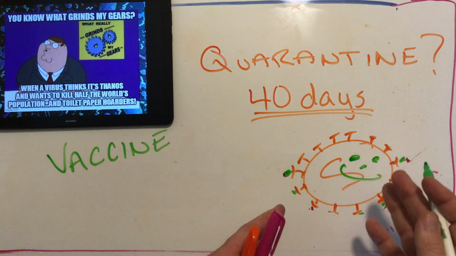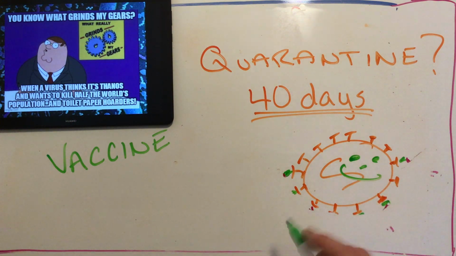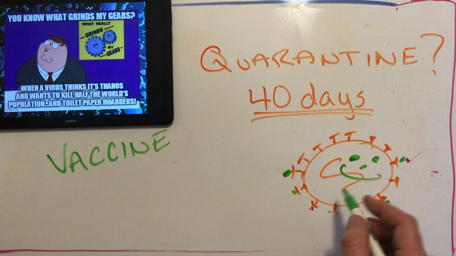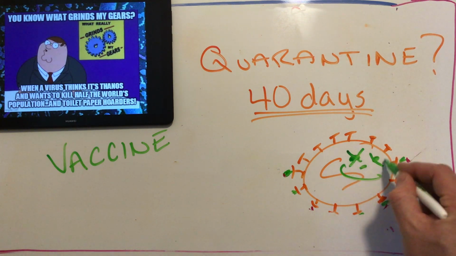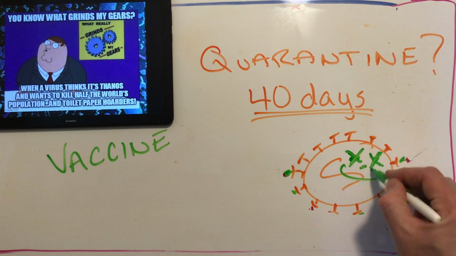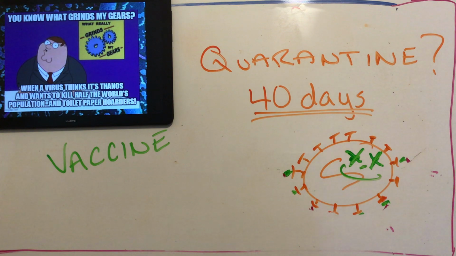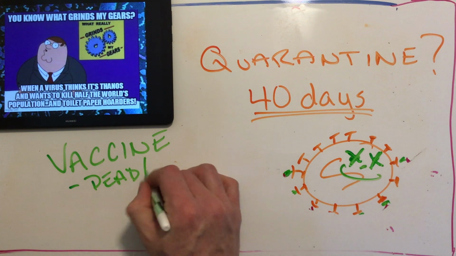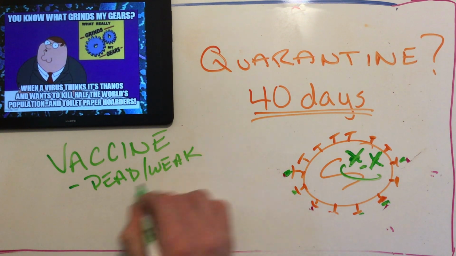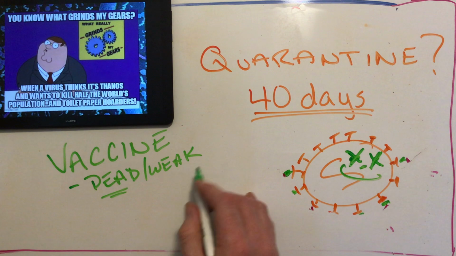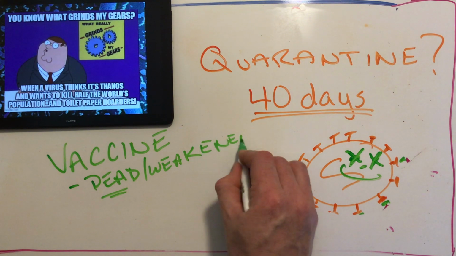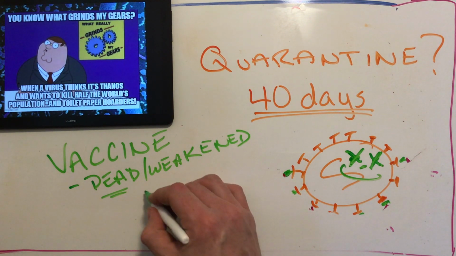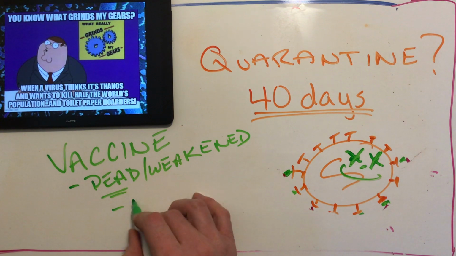Well, what we do is once we map it out, we kill it. And we take a form of this virus that is dead or weakened, and we inject that into the body. This is what we do more often, a dead or weakened form of the virus, or part of the virus, and it's put inside of the body.